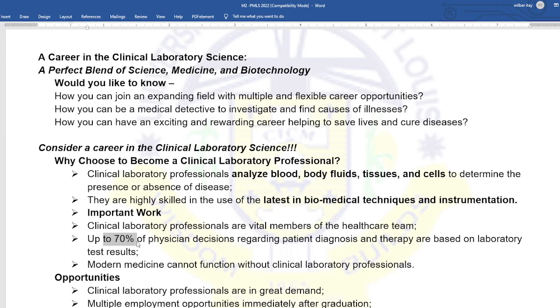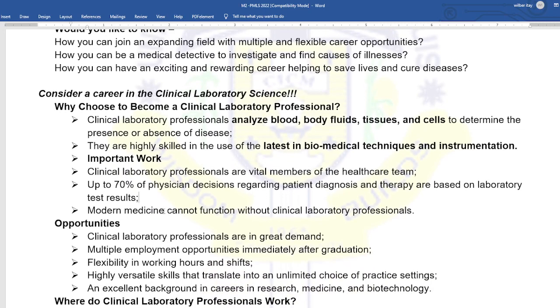Hindi lang po tayo yung nagko-contribute dyan. May mga radtech pa. Okay? So, marami pang ibang profession that aid the physician in their diagnosis. Modern medicine cannot function without clinical laboratory professionals. But this is true, guys.